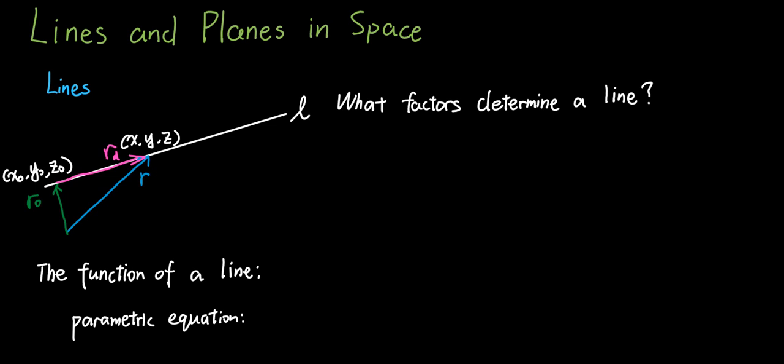But what determines vector r? That is what we need to determine the line. As we can see from this graph, vector r equals vector r0 plus rd. So r0 and rd determine vector r. In this case, r0 is a fixed vector.